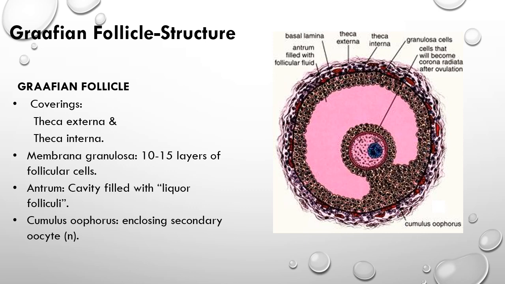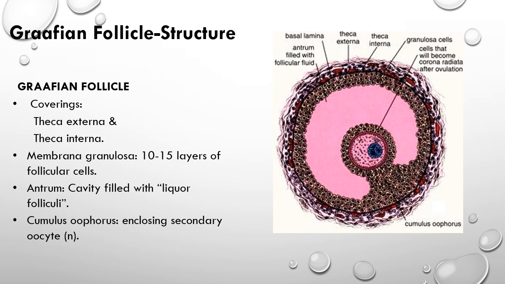So this antrum is surrounded by many layers of follicular cells, and these cells are called membrana granulosa cells. So the antrum is enclosed by follicular cells, and hence we call this layer of cells membrana granulosa.